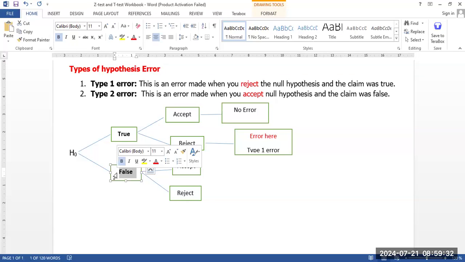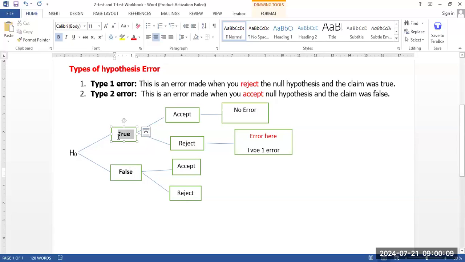We don't want to accept something that is wrong. Are we together? There is no way you are going to accept something that is false. So if it is false, we expect you to reject.